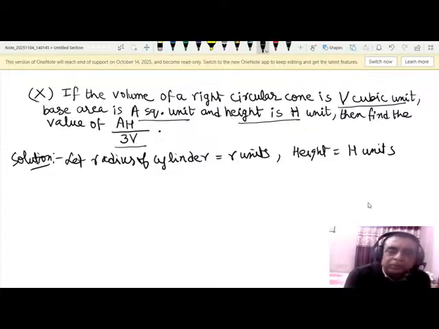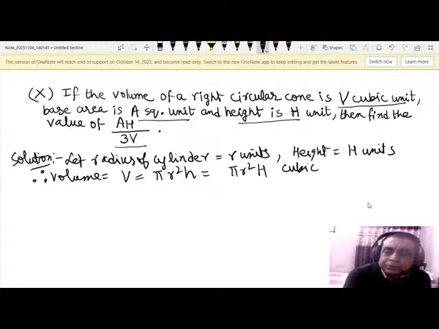The volume will be denoted by capital V. Formula is pi r squared H. So you put pi r squared, H is capital H, so many cubic units. Now here the base area of the cylinder is a circle, denoted in the question by capital A, which is pi r squared.